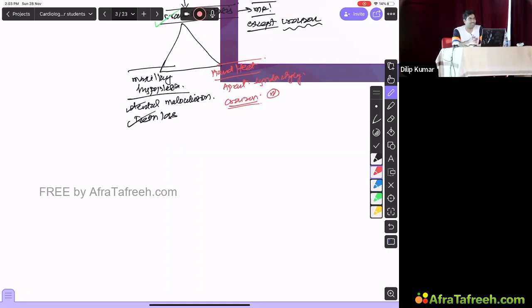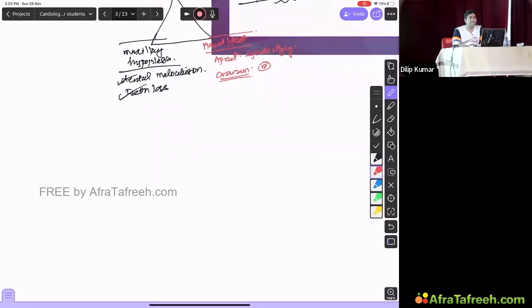Correct or wrong? That's why I told you, in Crouzon one door is open, but the other door closes in the form of what? So Crouzon can only crack exams, but not the viva, because there will be significant maxillary hypoplasia and early teeth loss.